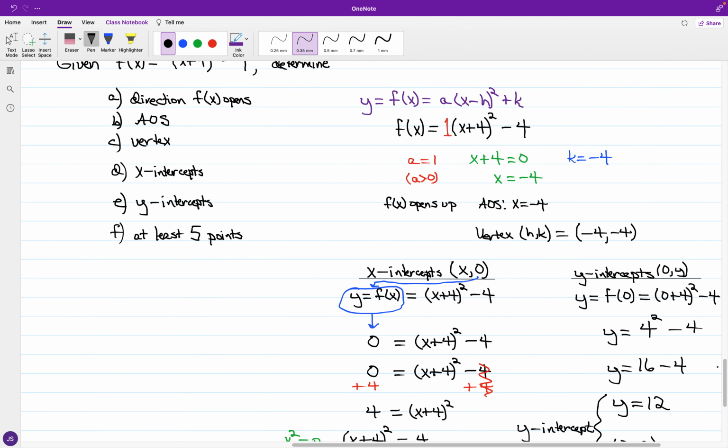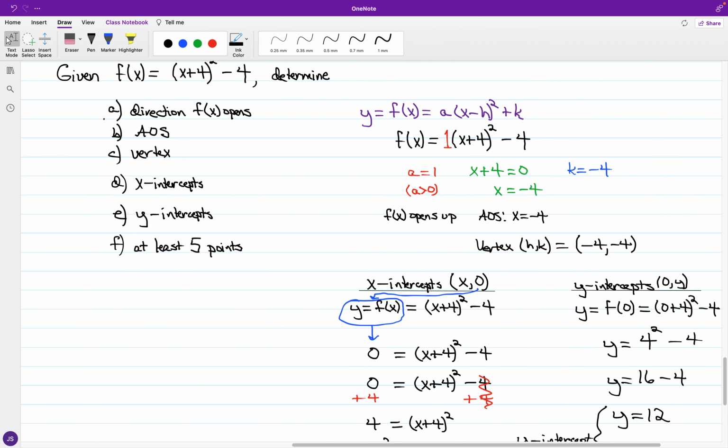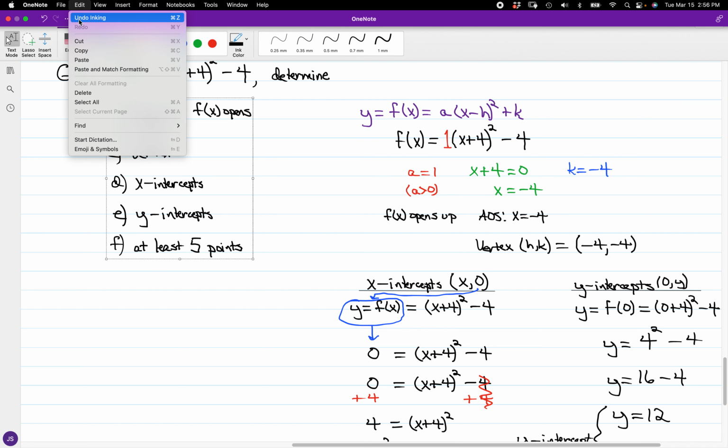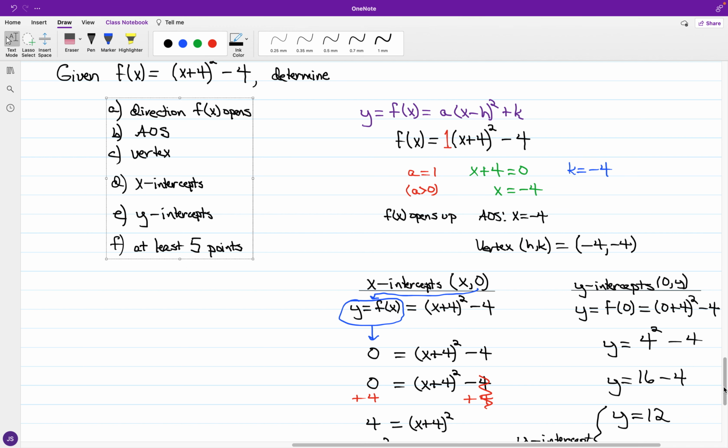Okay, so just for the lead into the points on the graph of this function.